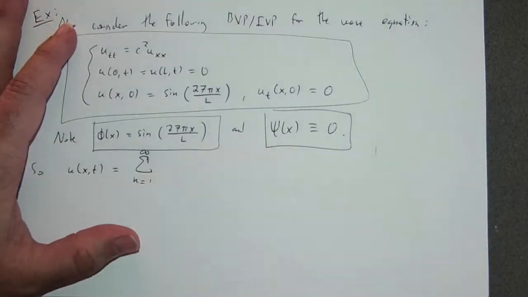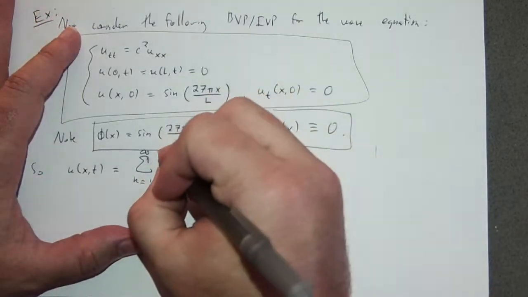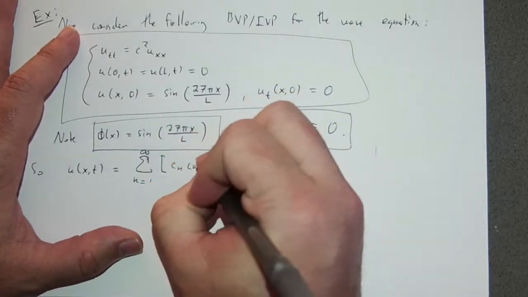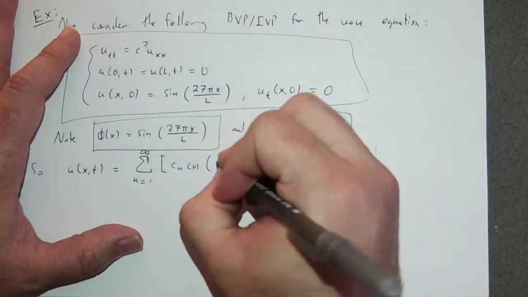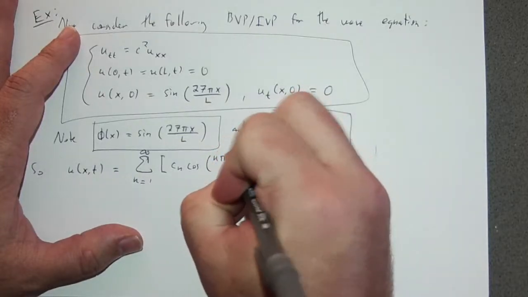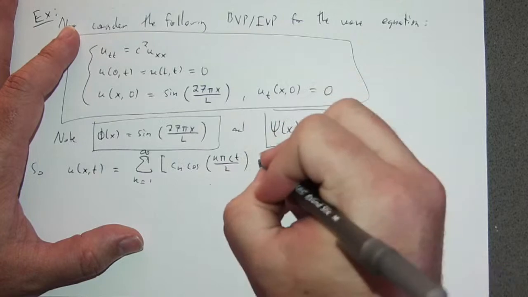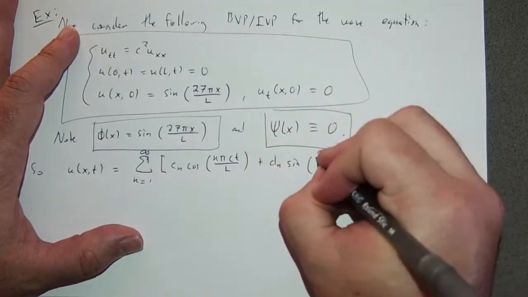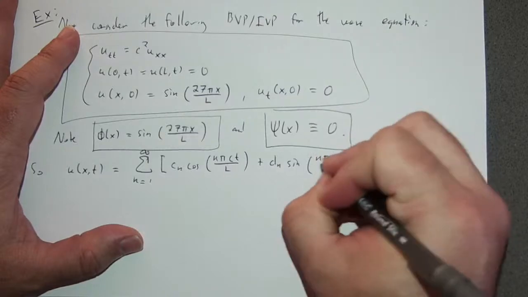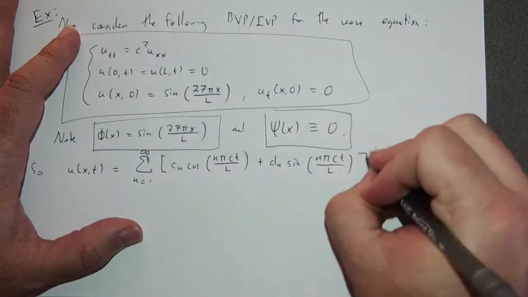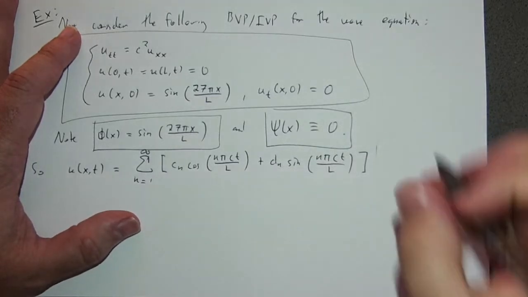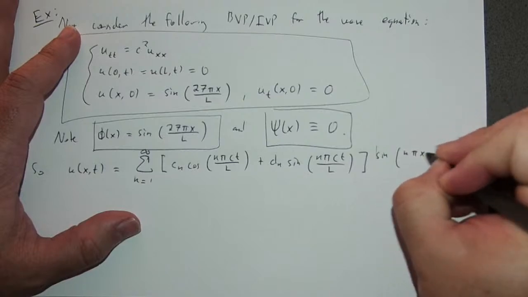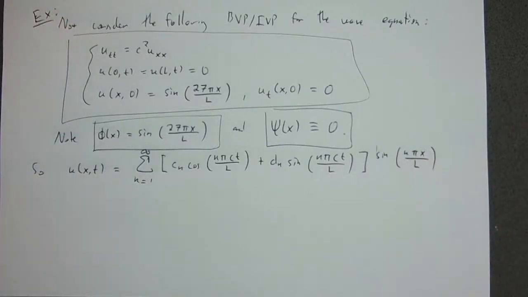So this is the sum from n equals 1 to infinity of c sub n cosine of n pi ct over L plus d sub n sine of n pi ct over L, okay, times sine of n pi x over L. Okay.